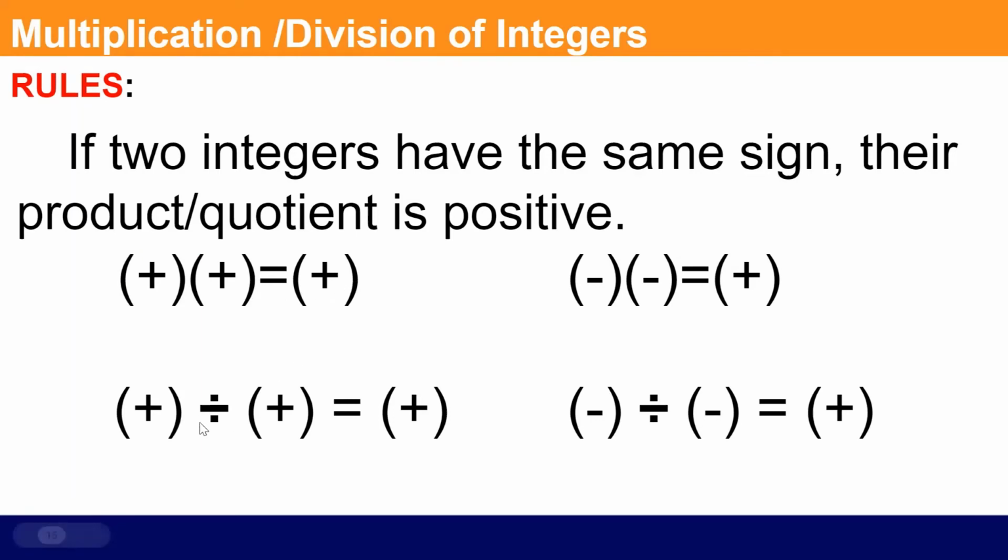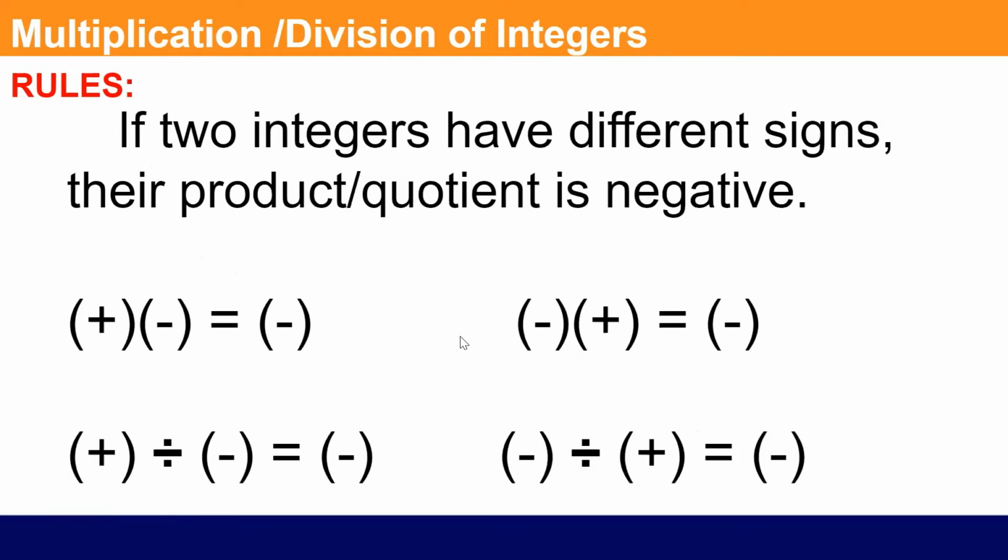Dalawang positive, dinivide, sagot po ay positive. Okay. Sa negative naman, negative times negative, ang sagot din po ay positive. And then negative divided by negative, ang sagot ay positive. So, basta lagi pong tandaan, pag magkaparehong sign at nag-multiply or nag-divide, ang answer po or quotient mo ay positive.